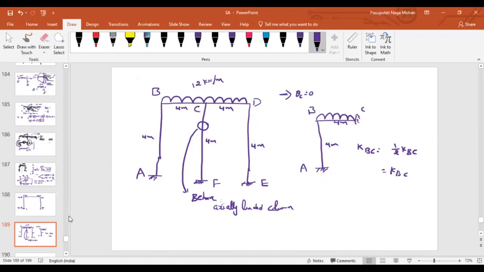You mean to ask about 4.5? Yes, sir. What are they asking about? A box section is given, sir. And they're asking for distribution factors, right? Yes, sir, for AB and AD.